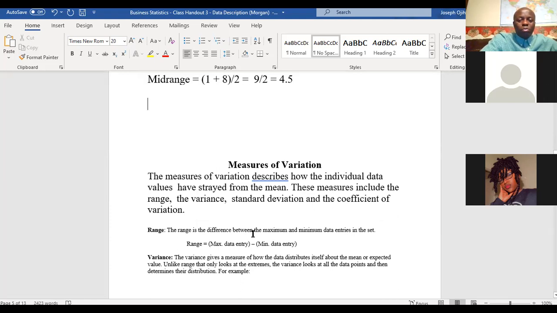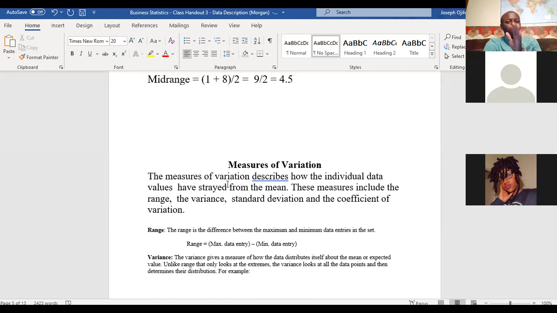We use them to describe how far away a data value has strayed from the distribution or from the mean, usually from the mean. I'll use an analogy to explain what I mean by that.